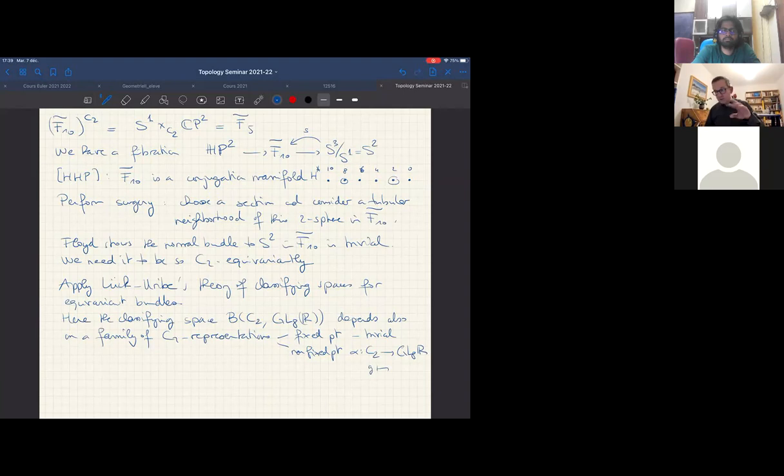Well, this looks like in H times H, where C2 acts. So this looks like the identity matrix plus minus the identity matrix, and we use this diagonal 8 by 8 matrix.